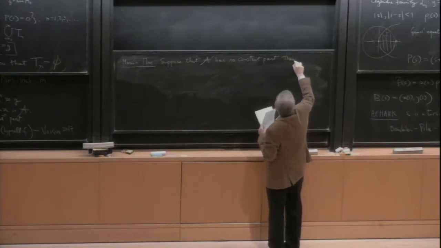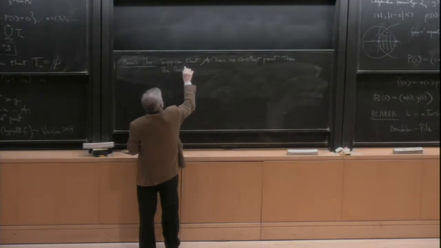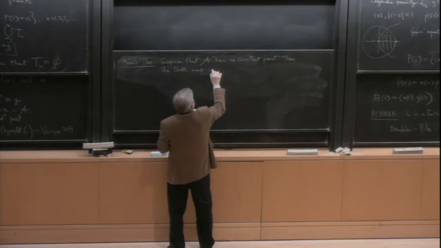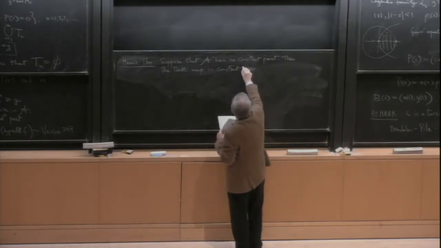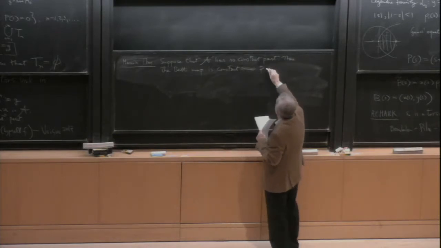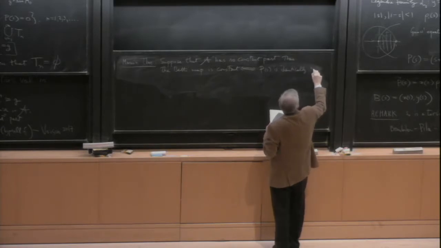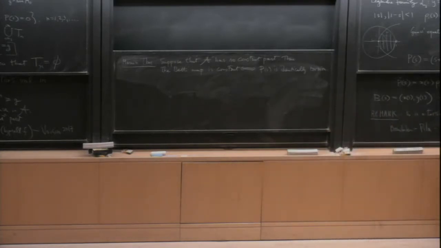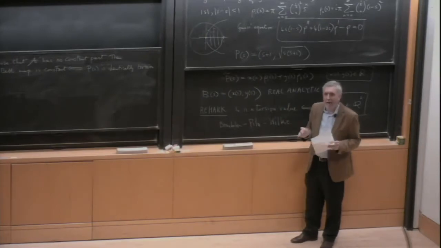Then the Betti map is constant, he didn't call the map the Betti map, if and only if the section P is identically torsion. So in other words, the Betti map may be constant only if these constants are rational.